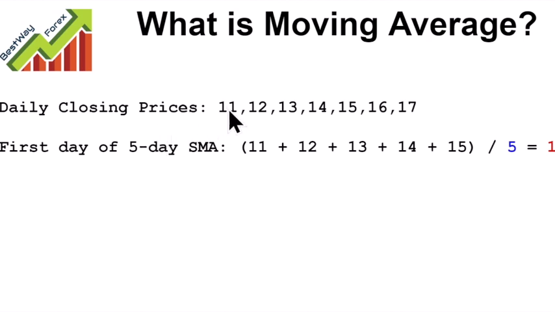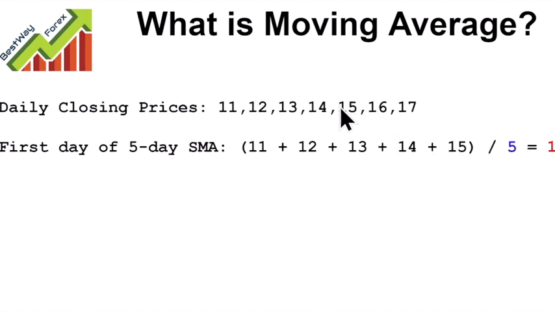So we start from the first 5-day moving average, which will be right here on the 15. That is 1, 2, 3, 4, 5. We add all these 5 prices together and then divide that by 5, and we get 13.